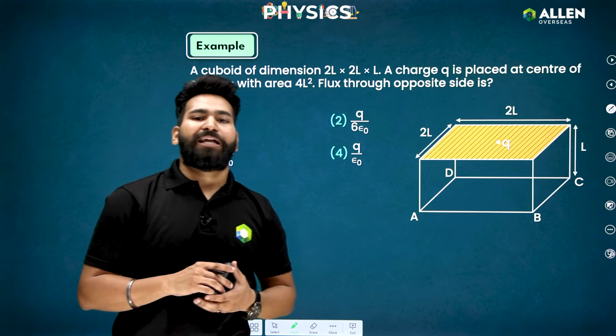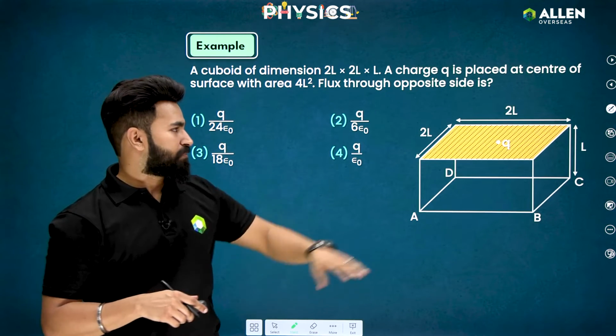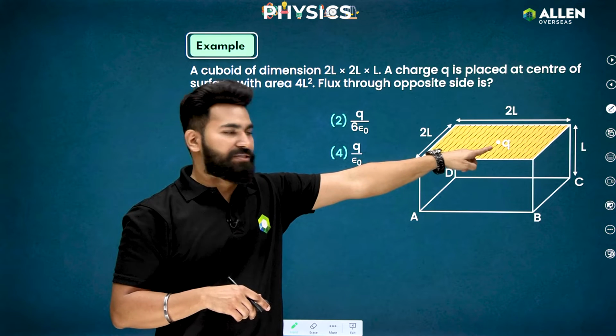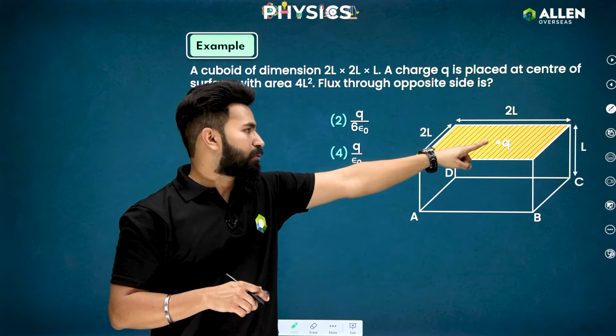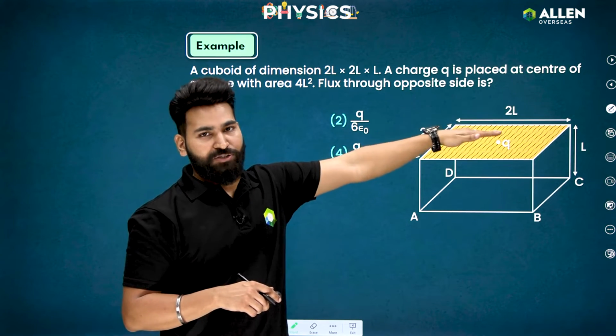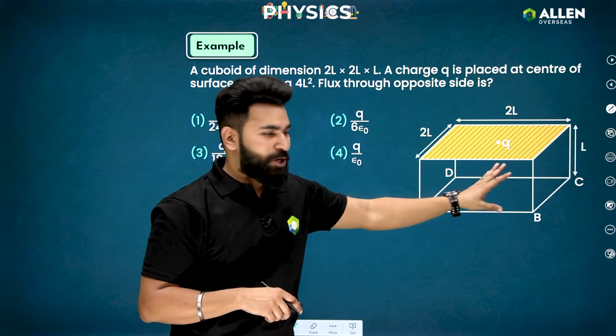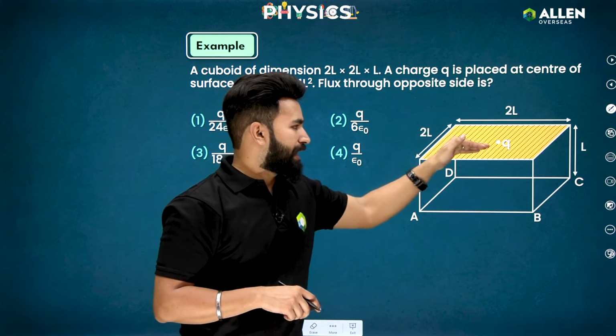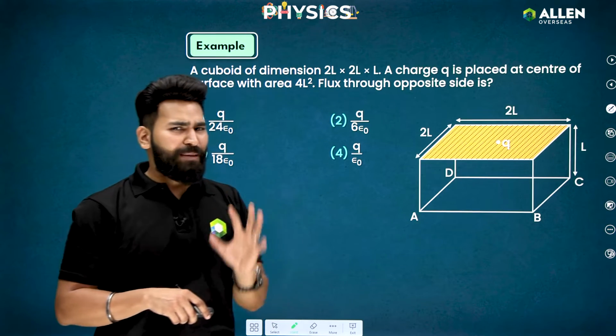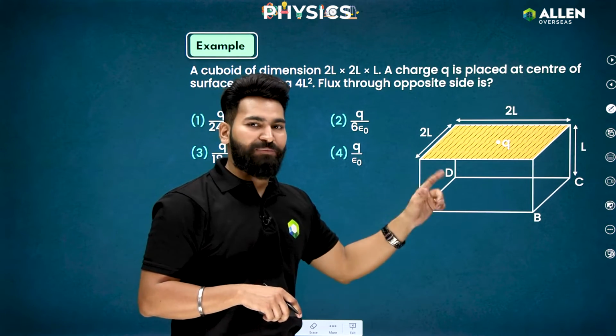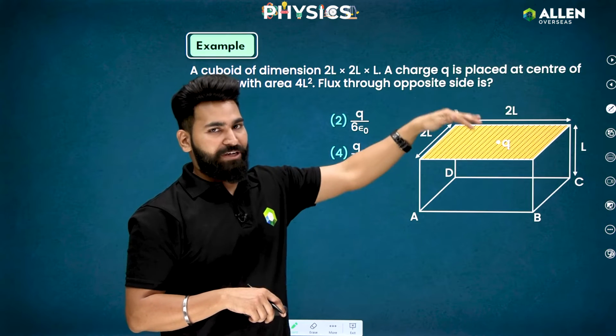First of all, in order to calculate the flux, we need a closed surface. The charge should be enclosed, which is not present over here. The charge is not enclosed. We need one more cuboid so that we can close it, right? So basically this is a cuboid of side 2L and L. Imagine if I keep one more cuboid similar to this above it.